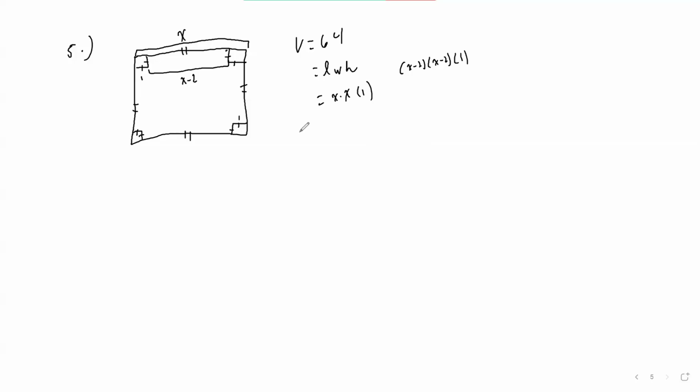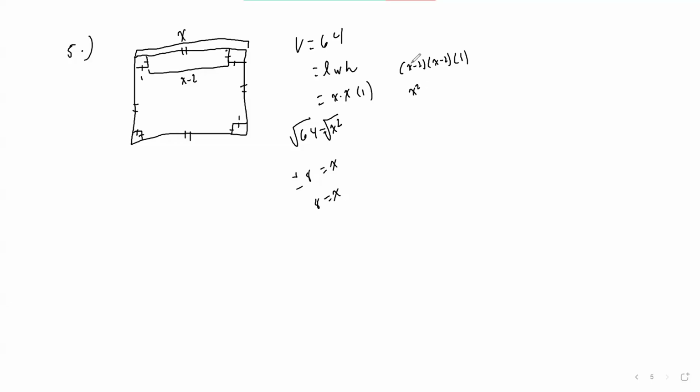Let's see. So in this case, I'll get 64 equals x squared. And then if I take the square root of both sides, I get plus or minus 8 equals x. I can't have negative measurements. So I think my dimension of my square is going to be 8.